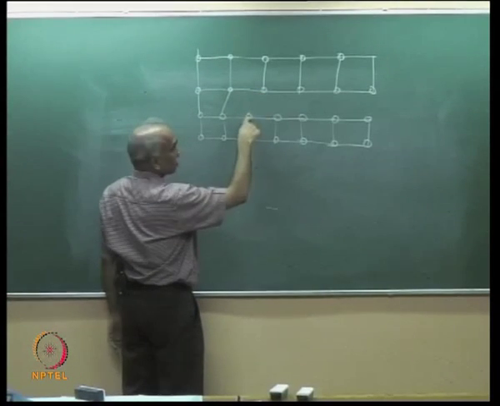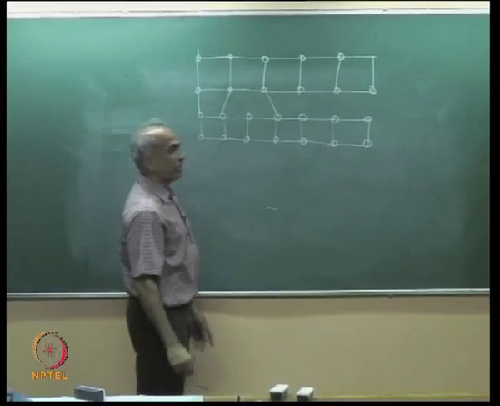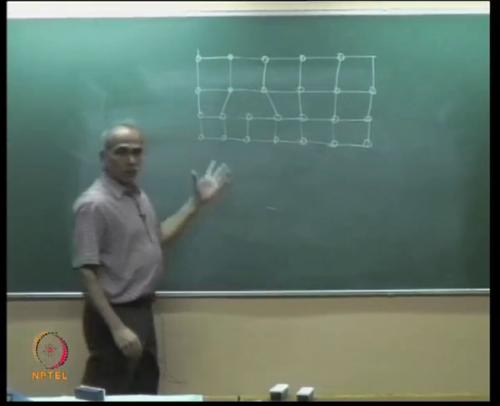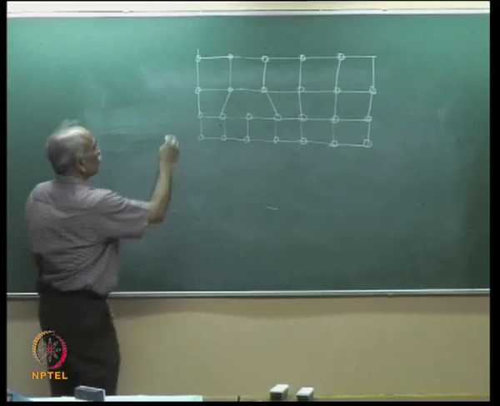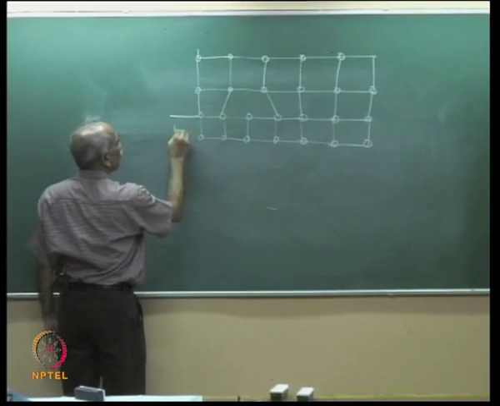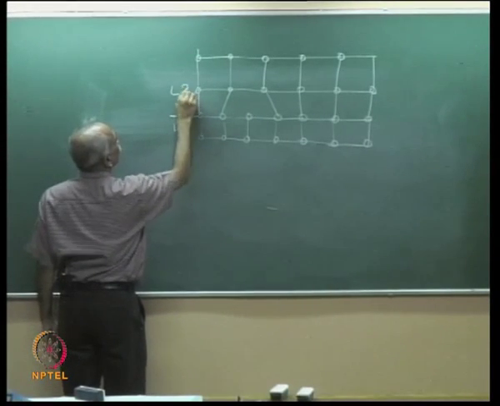This atom doesn't know whether it will form a bond here or here. Let's say it is forming a bond here, and this is forming a bond here. So what do we see? This was one material, so up to this it is material 1, that is L1, and this was material L2.